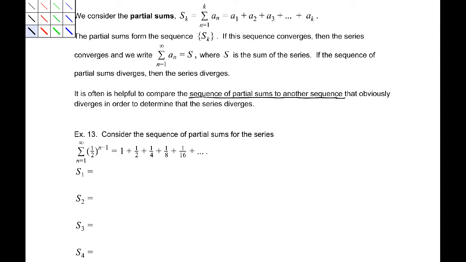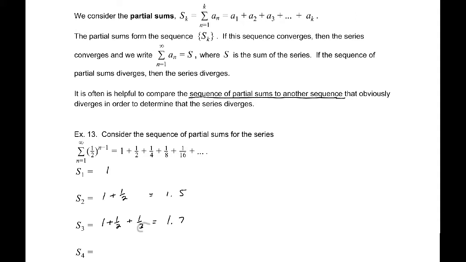So S1, our first partial sum, is just the first item, so 1. S2 is the sum of the first two, which is 1.5. I'm going to make some approximate values here. S3 is 1 plus 1/2 plus 1/4, which is 1.75.